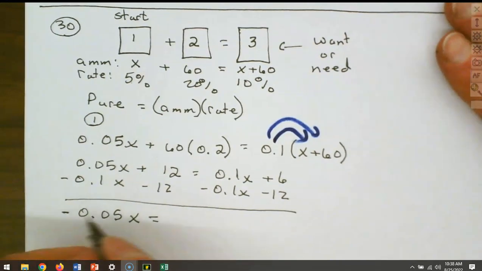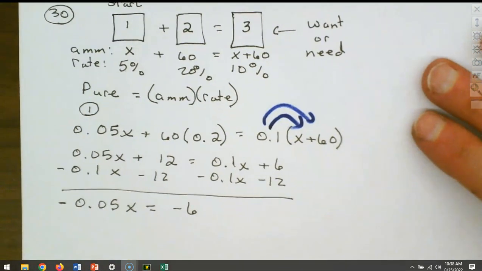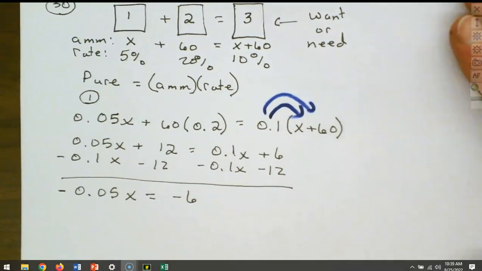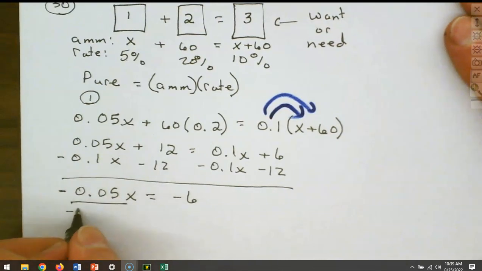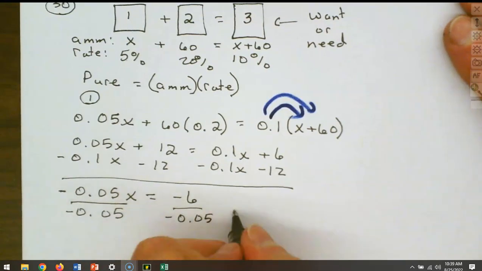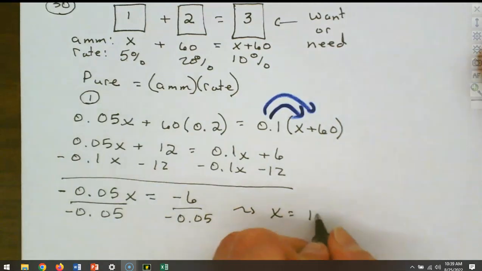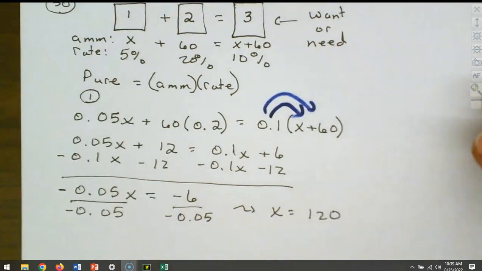And 6 minus 12, well, that's a minus 6. You've got to watch your signs there. Divide by your minus 0.05 on each side. And we know the double negatives cancel, making it positive. And 6 divided by 0.05, well, that comes out to be, now negative and negative makes it a positive 120.